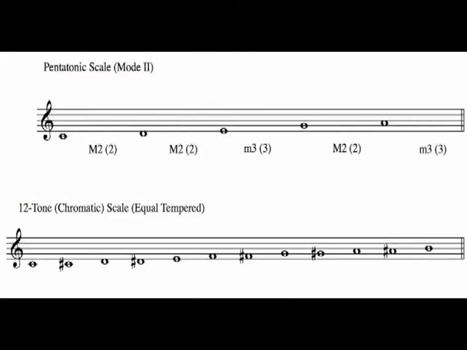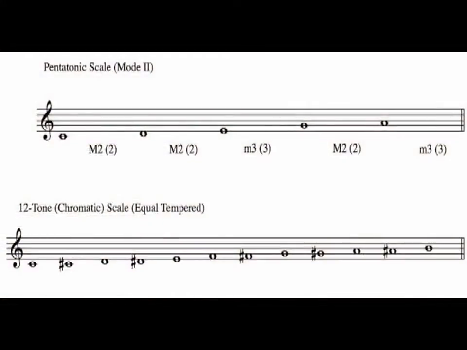Okay? For those of you that are in music theory classes, you'll find this to be the pentatonic scale mode 2. But for the world music class, that's really not that important of information. What it is important to know is that the pentatonic scale is made up of nothing but major seconds and minor third intervals. Okay?